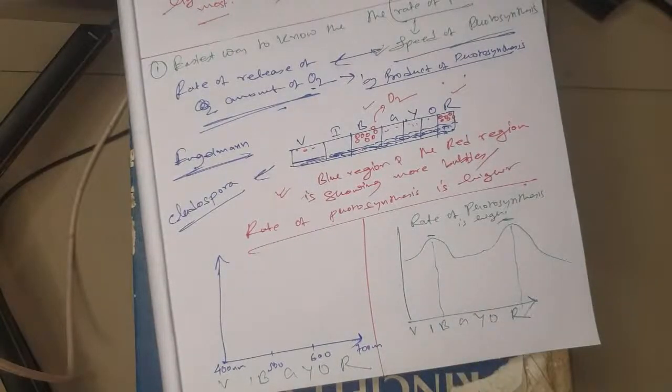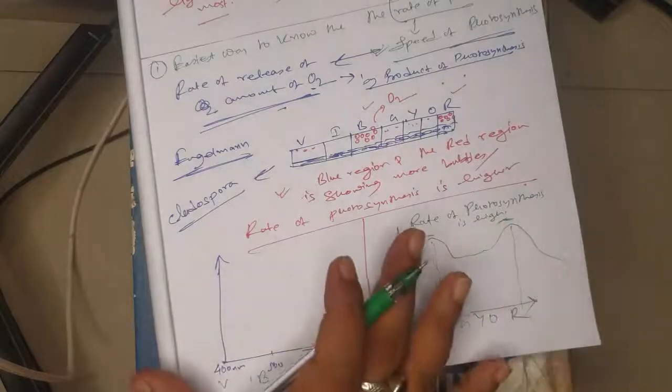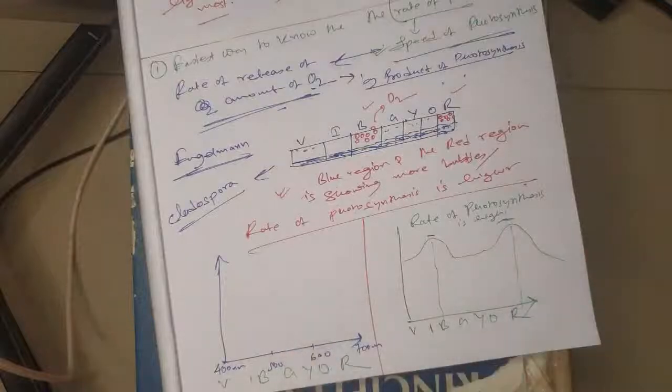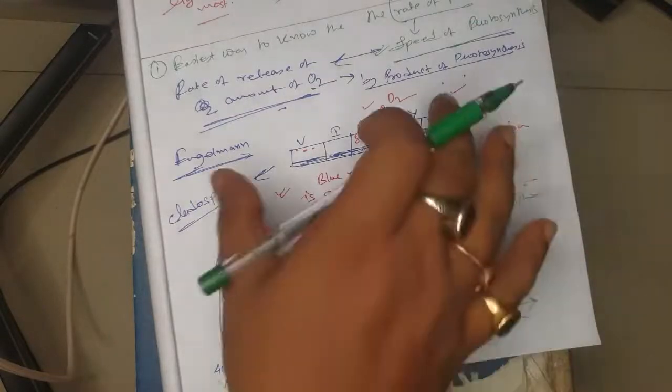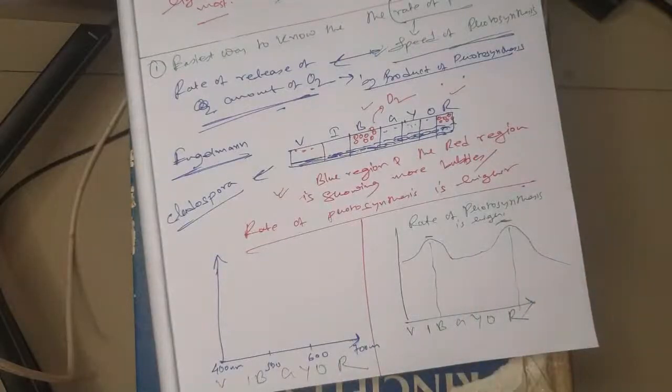Yeah, that is the sure thing, fine. But the fact is this: the rate of photosynthesis is high, we agree to the fact. Now I hope the question that I had asked and Snehanshu had answered, the answer is also clear now.